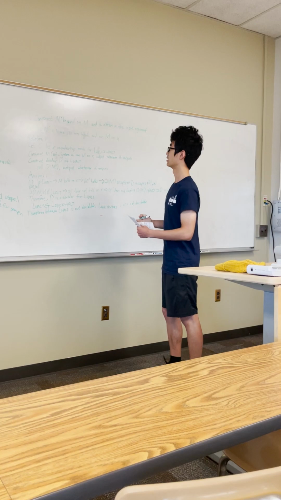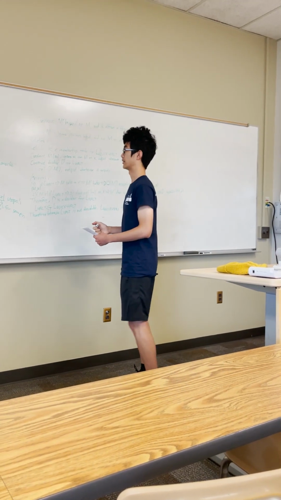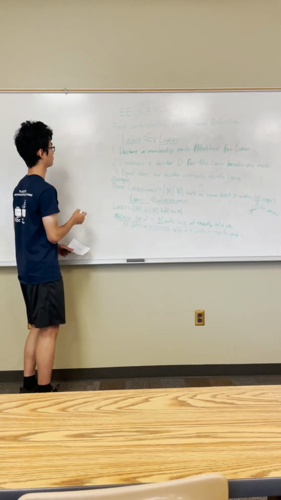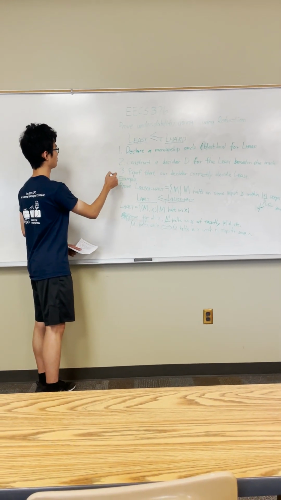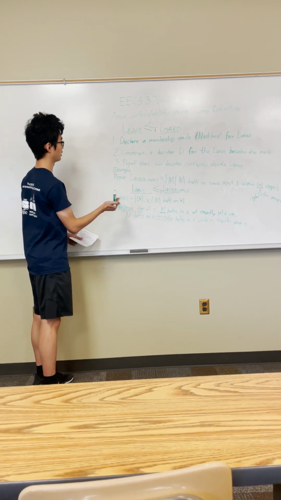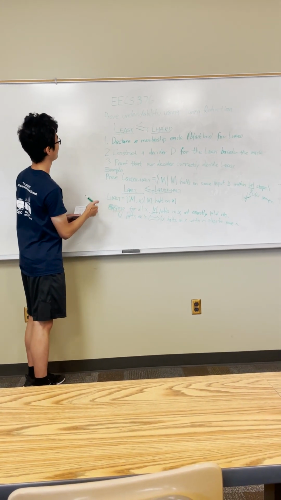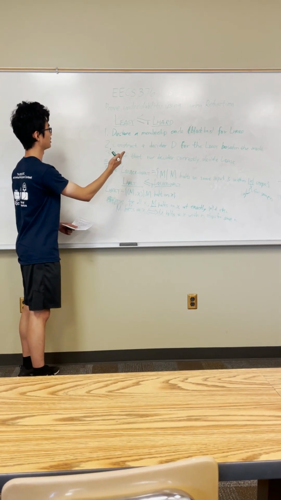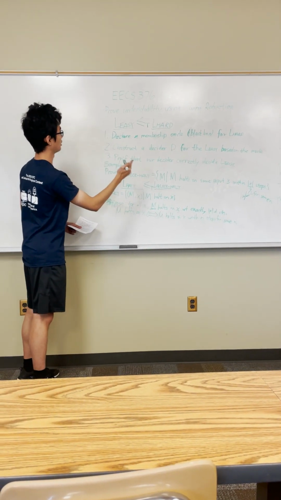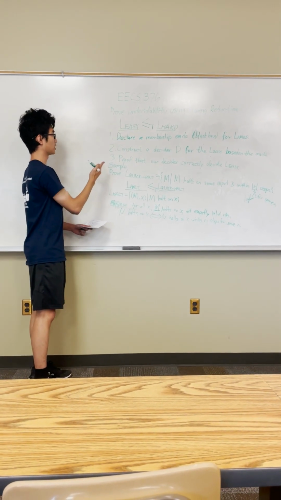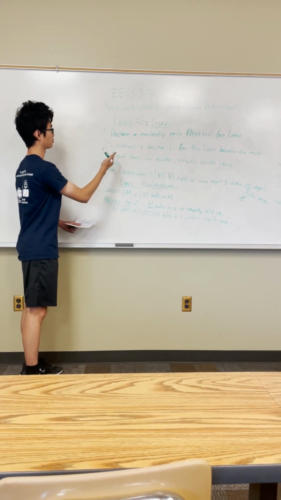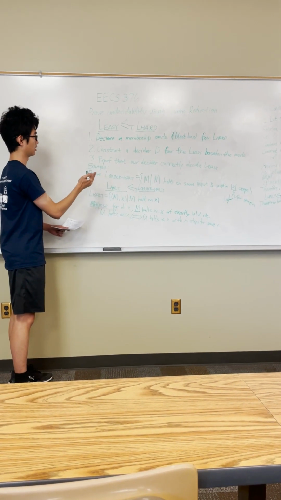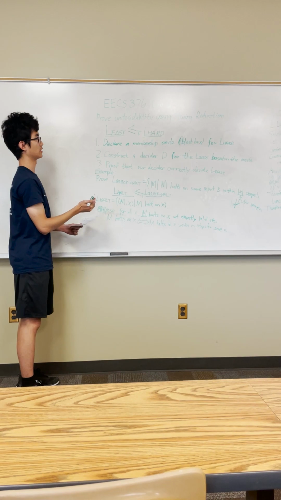So you can see that the most important process of this problem is that you need to first know what steps we need to take to prove the undecidability. The first one is that we declare a membership for the L hot, and the second process is that we construct a decider for the L easy. And third, we prove that our decider correctly decides L easy.